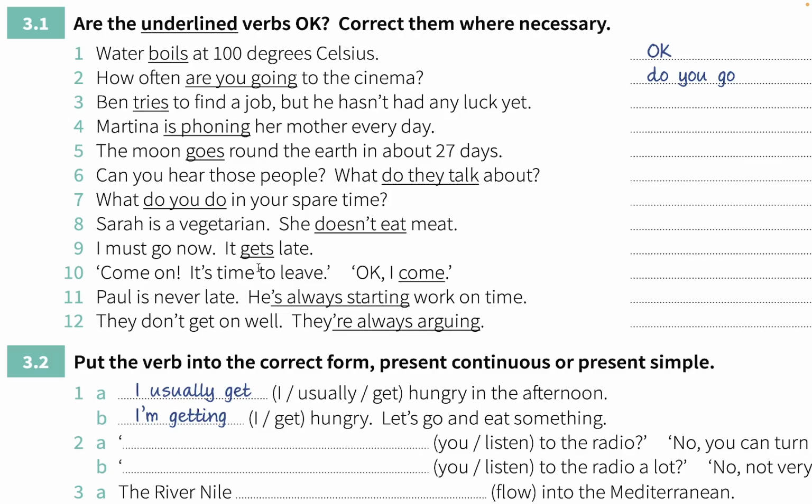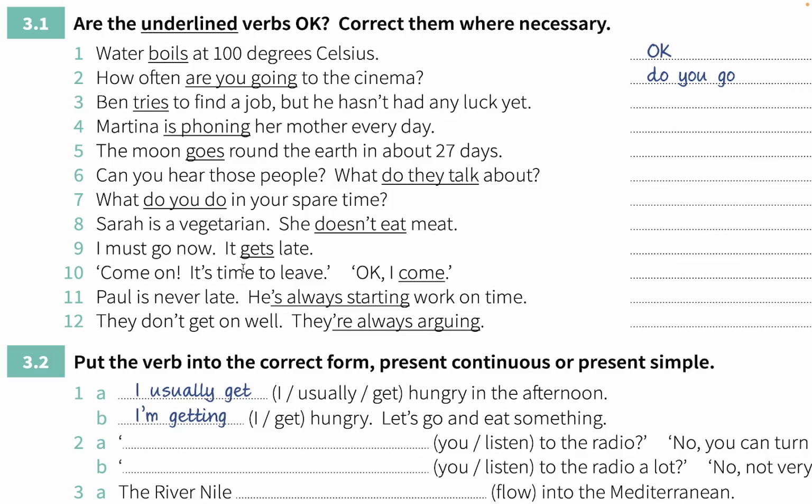So it's okay. But for example, number 2, how often are you going to the cinema? It's not correct. The correct tense is do you go. So it's how often do you go to the cinema. Do you guys get it? So we're just fixing the tense here.